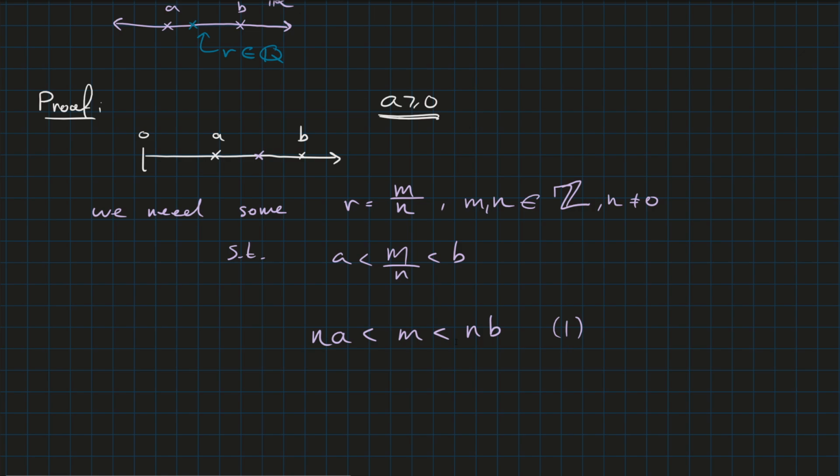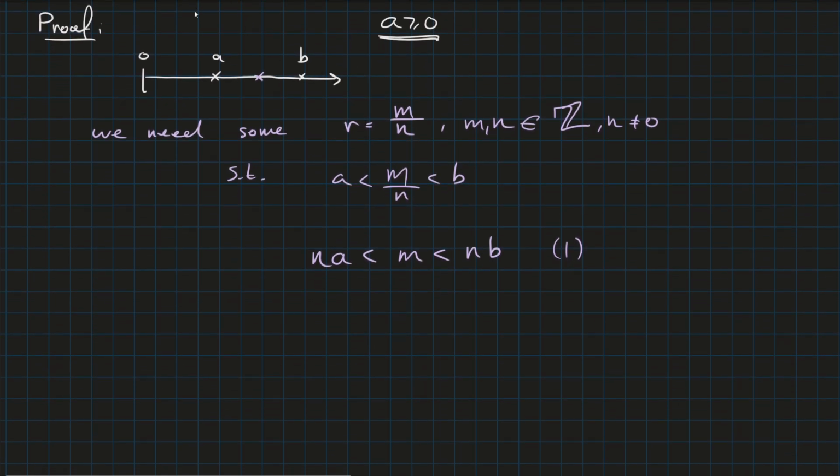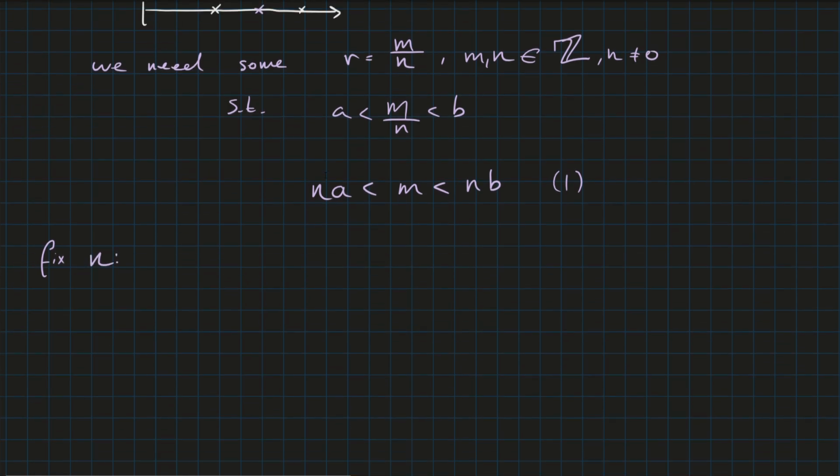We have two variables here that we can play with. So we might want to fix N, and based off of that, find some M. So we're going to start by fixing N.